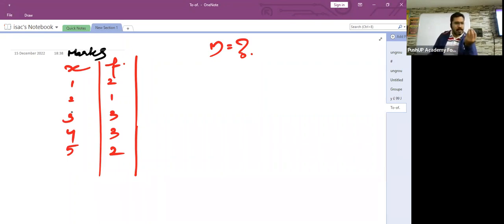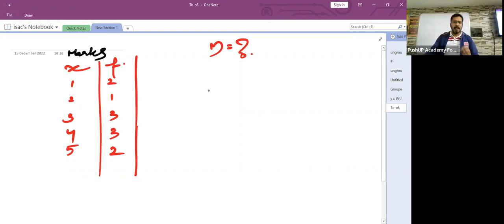That means the number of students who are getting 1 mark is 2. The number of students getting 2 marks is 1. The number getting 3 marks is 3. The number getting 4 marks is 3. And the number of students scoring 5 marks is 2.